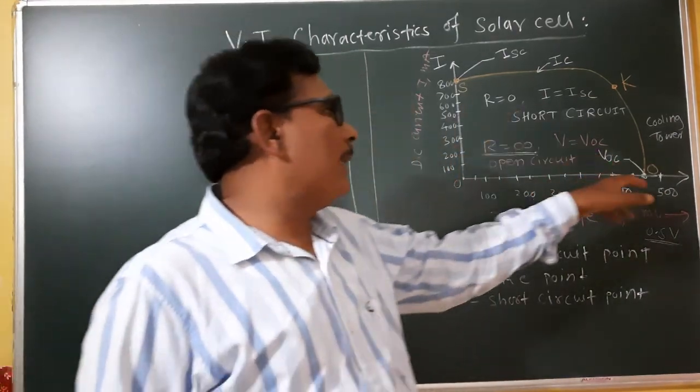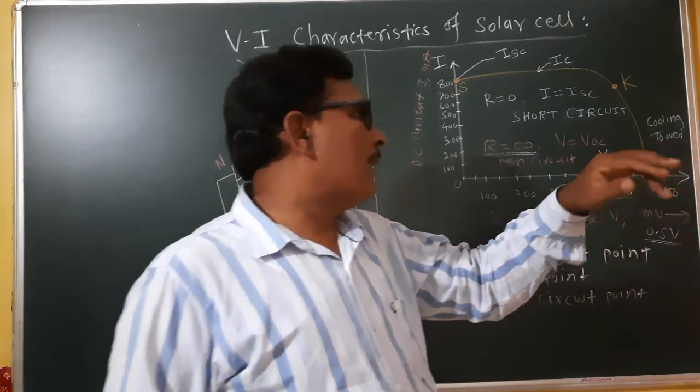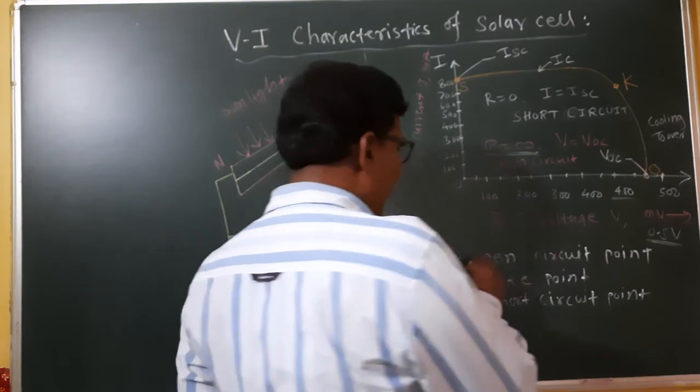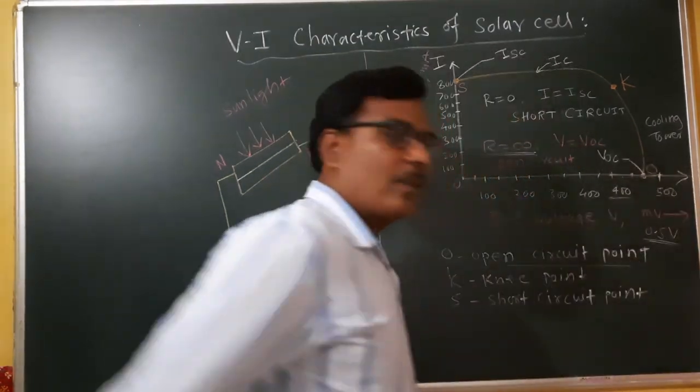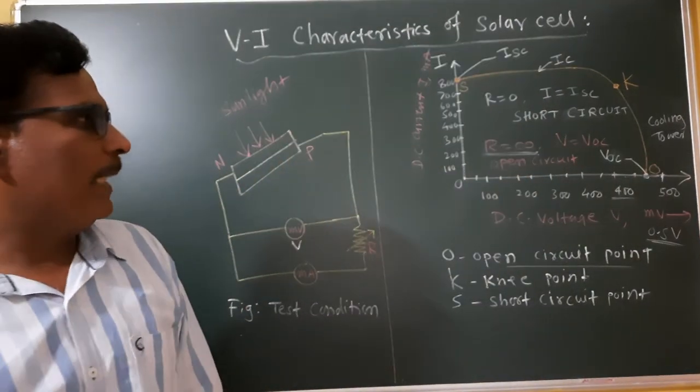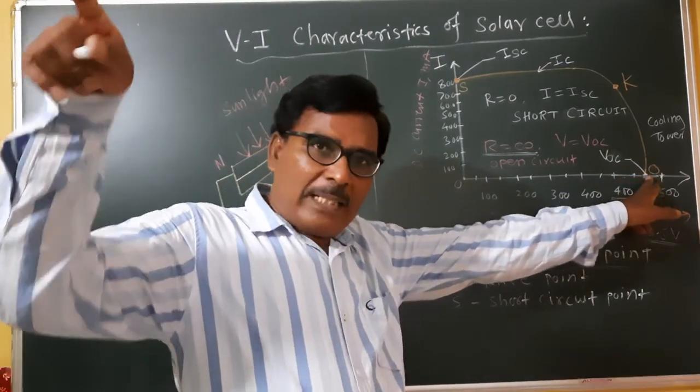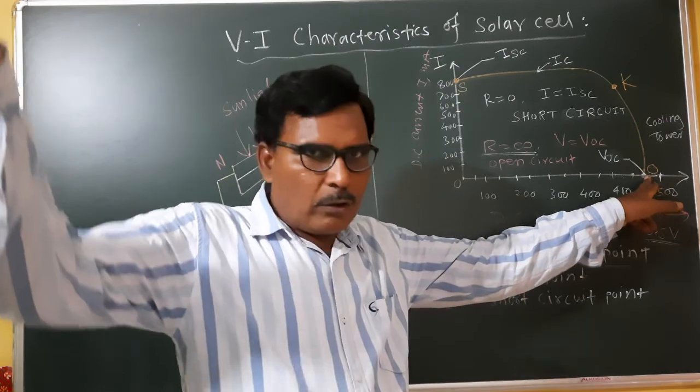Such a point is generated on the x-axis, point O, and that point is called open circuit. At the same time, when R is maximum, the voltage is maximum.